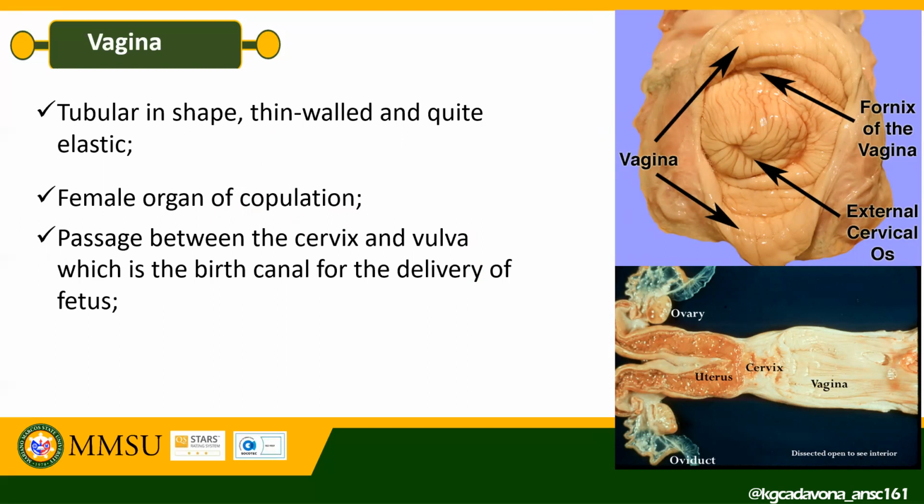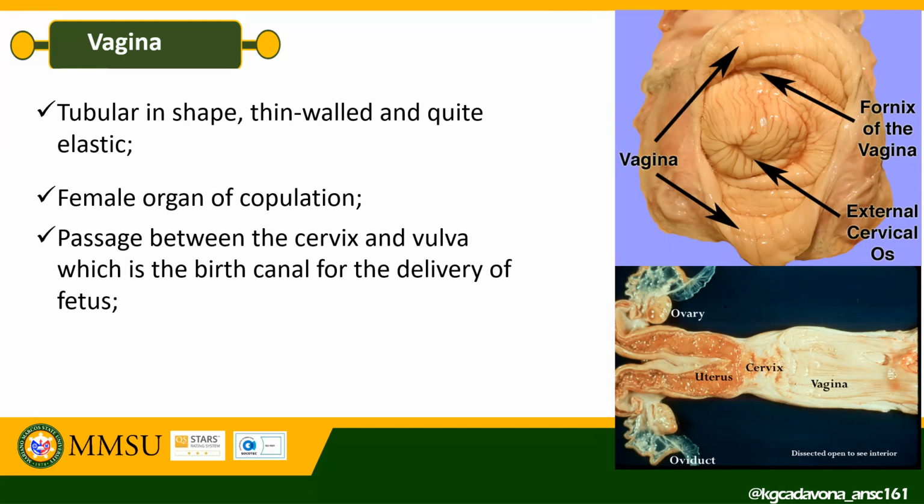Also, since yung vagina is being located between sa opening ng bladder and then the cervix, and sinabi natin kanina na yung cervix is a part of the birth canal. So definitely, si vagina ang nagsiserve as the passageway for the calf or kahit ano man yan na young, at birth for the delivery of the fetus.